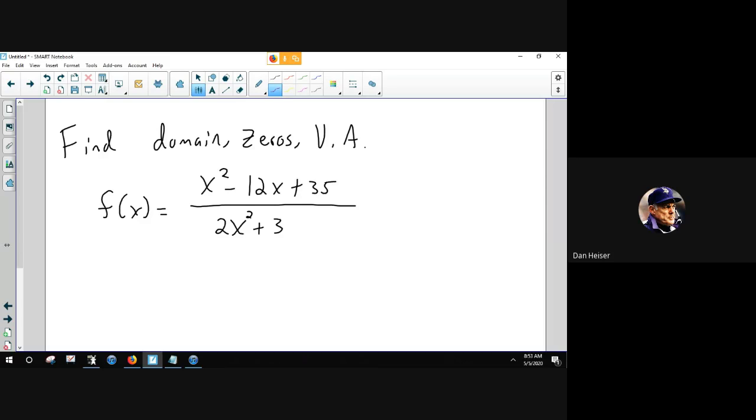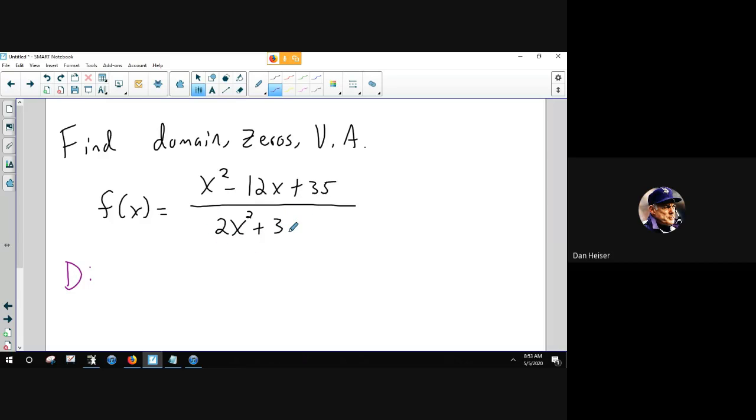Next problem. We'll start with the domain. Domain, again, I have to ask myself, what value of x will make this 0?